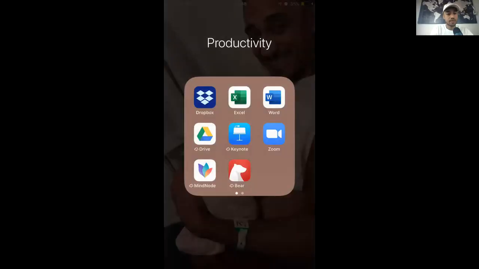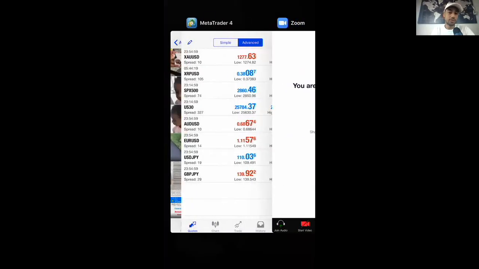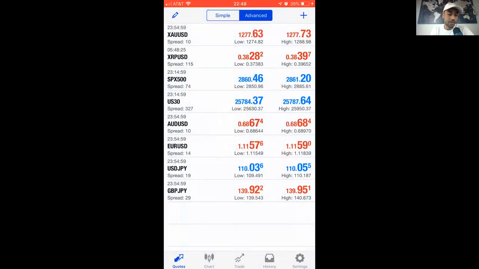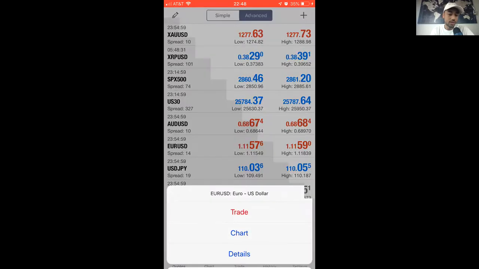I'm going to do that right now. Go to MetaTrader 4, go to the account that you're going to be using, and we're going to talk about EUR/USD. So click where it says EUR/USD.